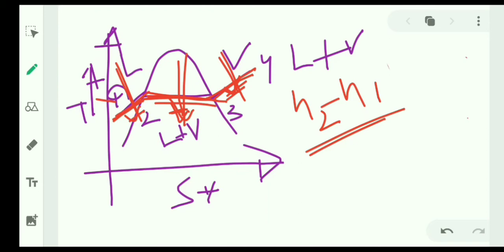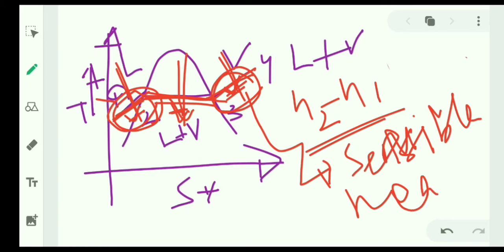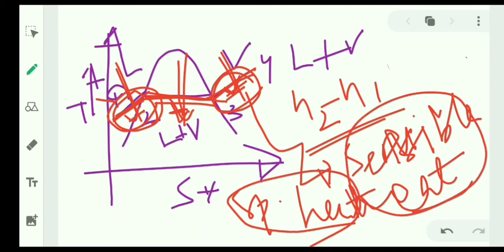So whatever amount of heat is added during the 1 to 2 process and the 3 to 4 process, we call it sensible heat, or we can call it specific heat. That is called sensible heat or specific heat.